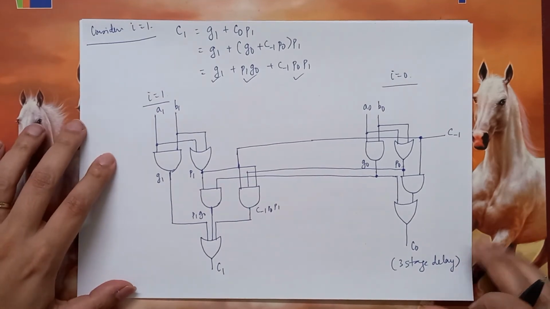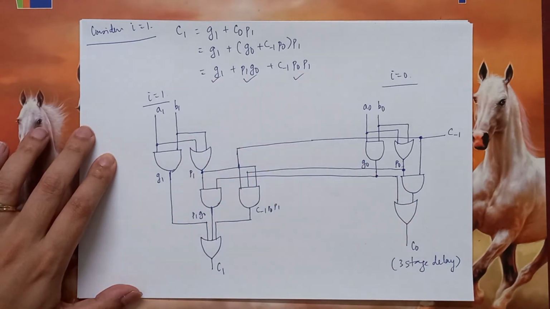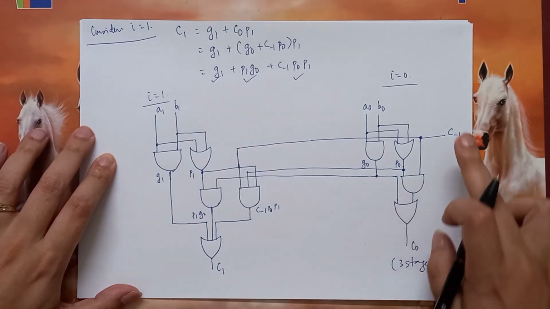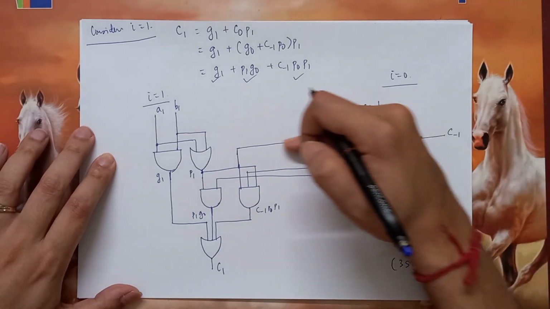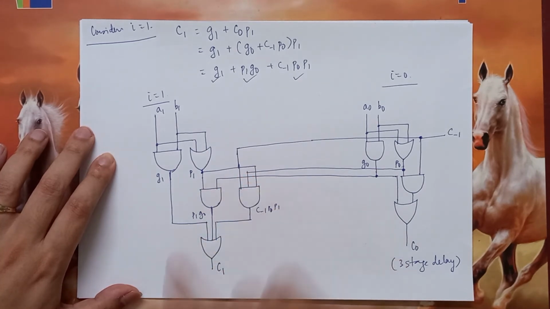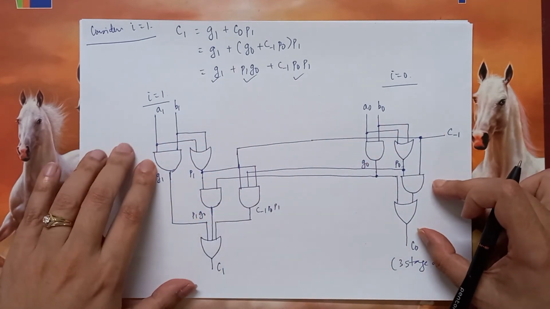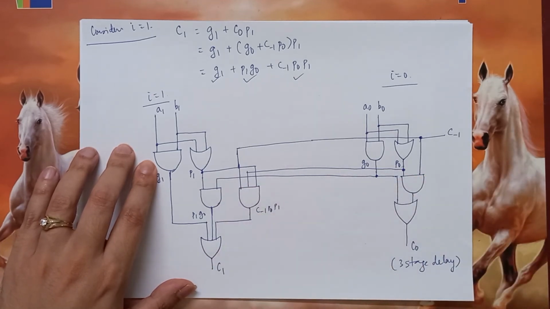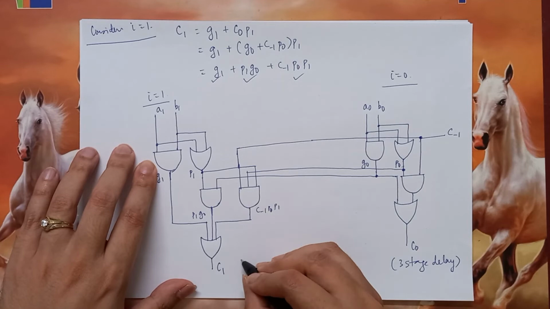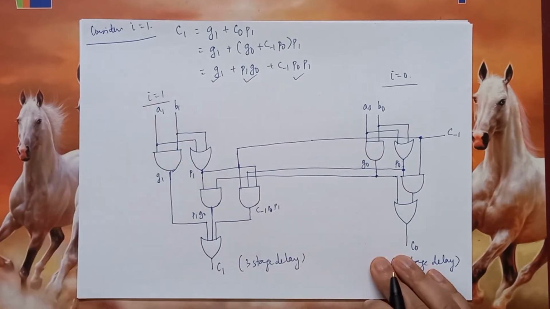But that's not enough. We have to consider the carry also. Notice that there is not a single C0 which is coming. It is in terms of C minus 1. So if you consider C minus 1, this is coming over here and the number of delays is now 2 stages. So 2 stage delay for C minus 1 here also, and for here also there is a 2 stage delay. So worst case is again a 3 stage delay because of A1 and B1.